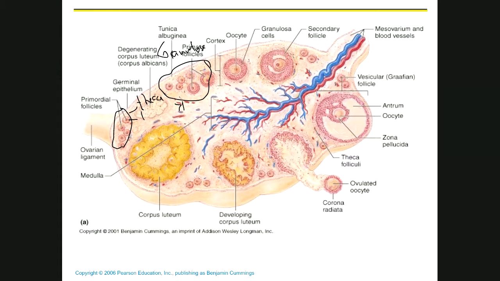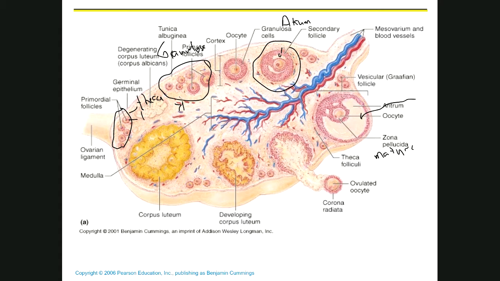And then when it starts hollowing out like this, it becomes a secondary follicle. And those hollow spaces are called the antrum. And remember, they're filled with fluid. And they're going to get bigger and bigger and bigger until eventually they fuse into one big space. And then that's our mature follicle, or our Graafian follicle.